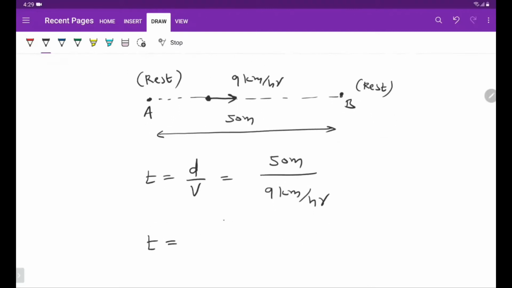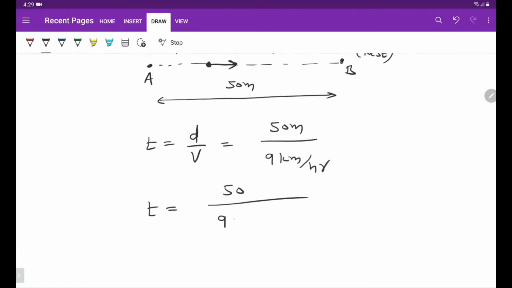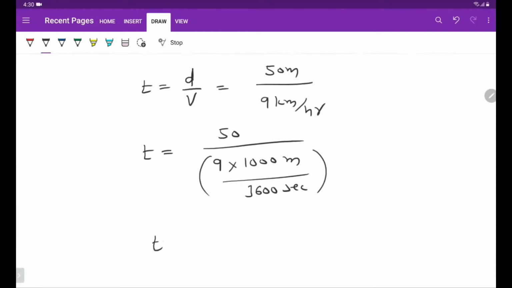So time is equal to distance by velocity, 9 kilometer. 9 kilometer means 9000 meters by 1 hour, which is 3600 seconds. After solving this, we get T is equal to 50 by 9 into 3600 over 1000.